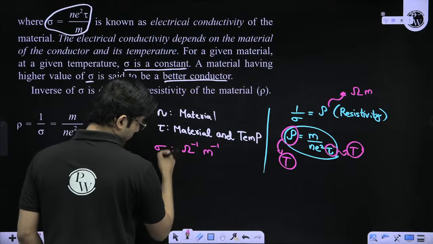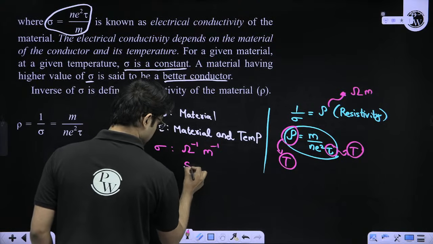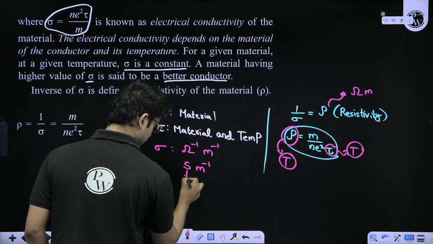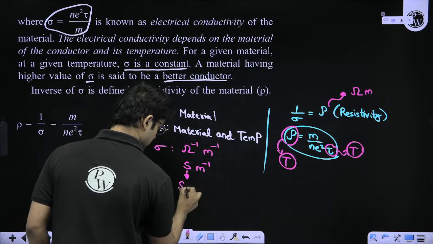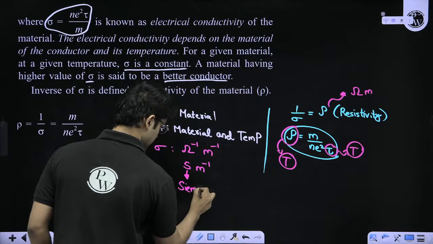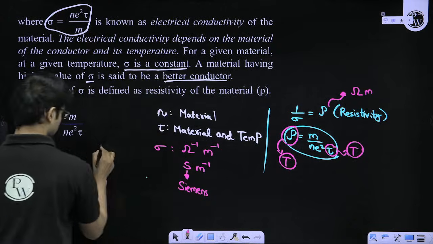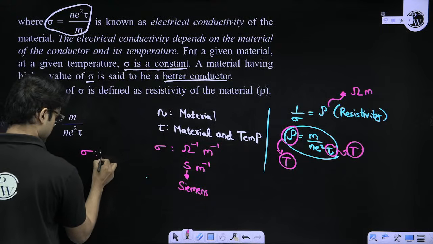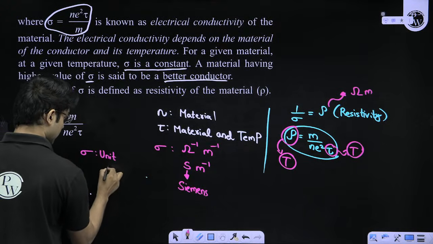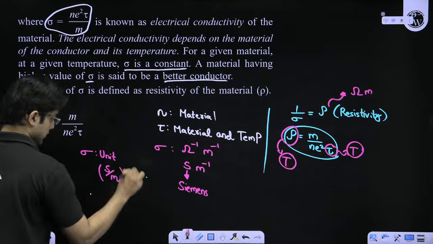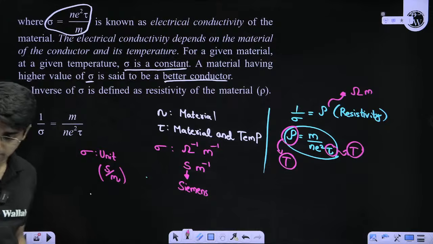Now this ohm inverse is also known as Siemens. So conductivity's unit, you can also say it is Siemens per meter.